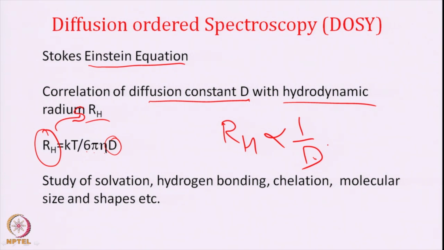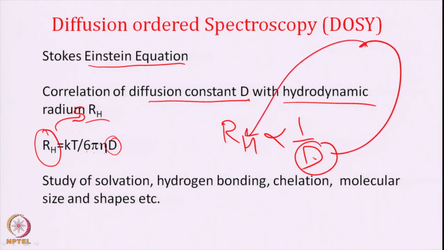So, we can calculate the D from DOSY, and therefore we can calculate the R_H. By doing this, one can study the solvation of a particular compound, whether the compound is getting solvated or not. If it is solvated, its hydrodynamic radius can change, and it effectively becomes a bigger molecule.